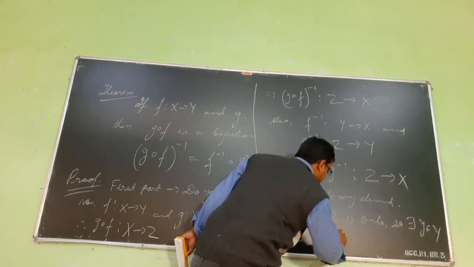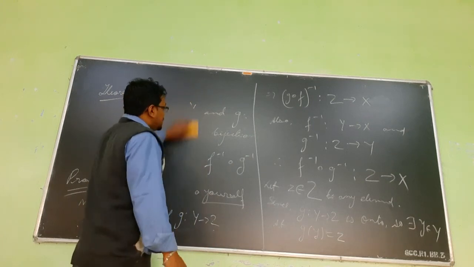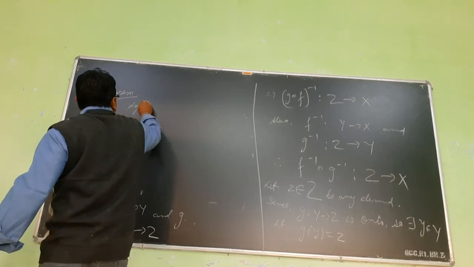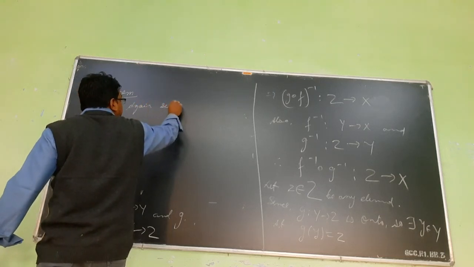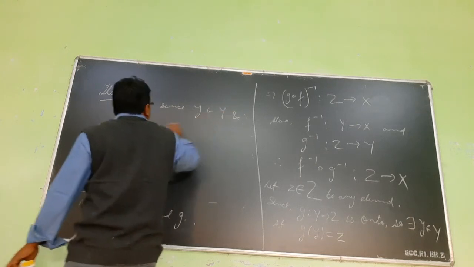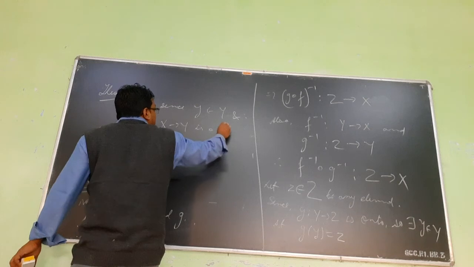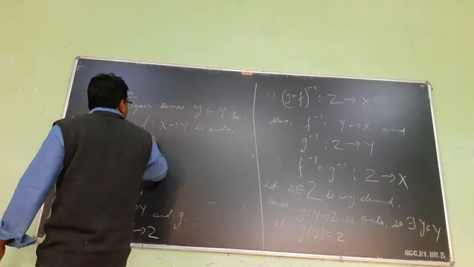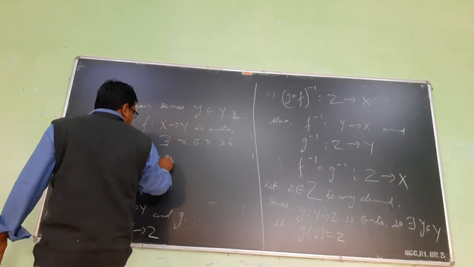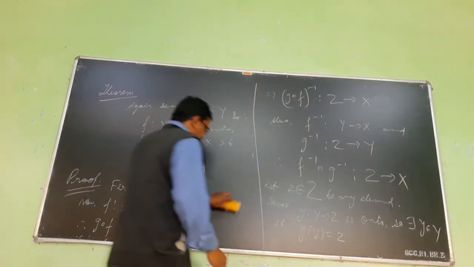Since this is onto, this happens. Again, since y belongs to capital Y and f from X to Y is onto, there exists an element x inside capital X such that f(x) is equal to y.